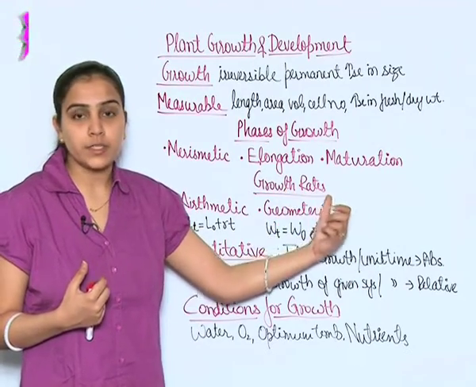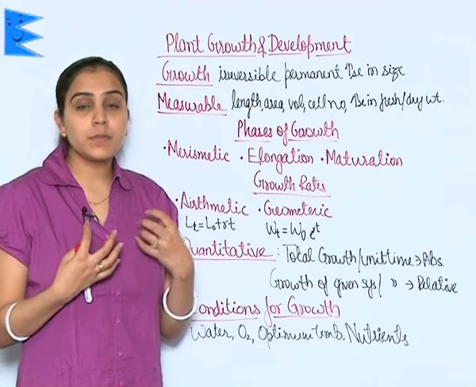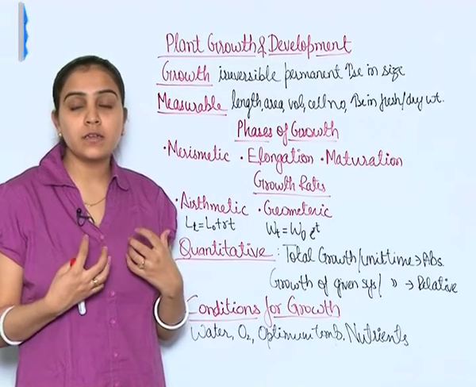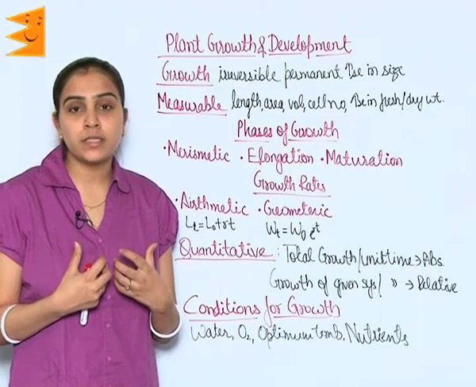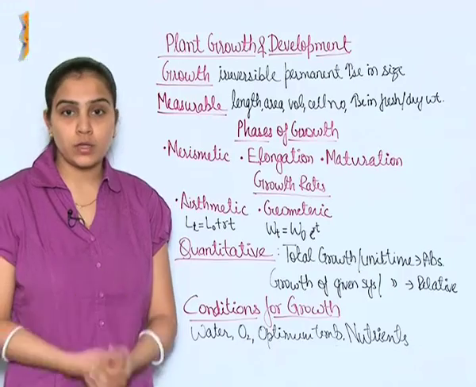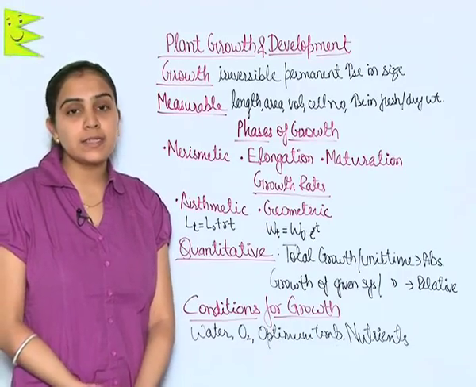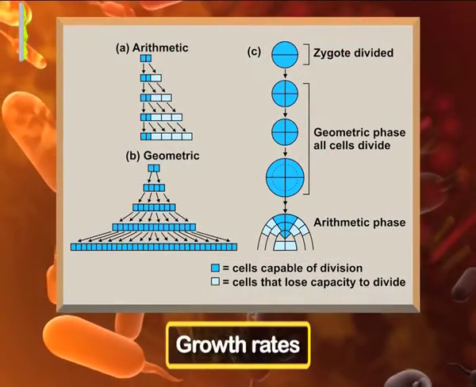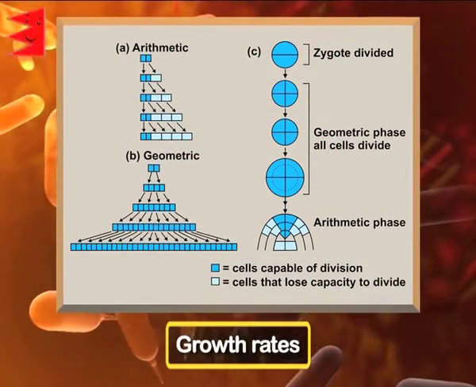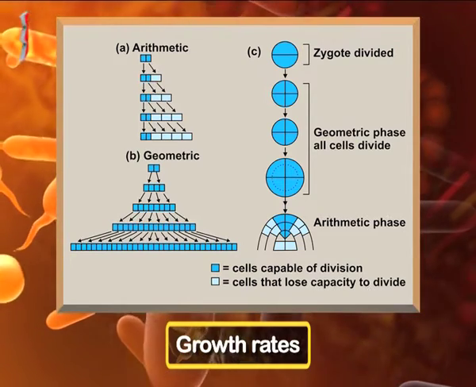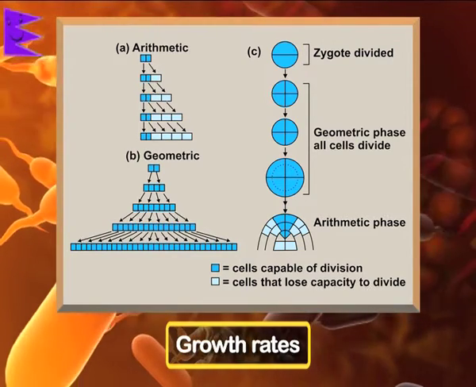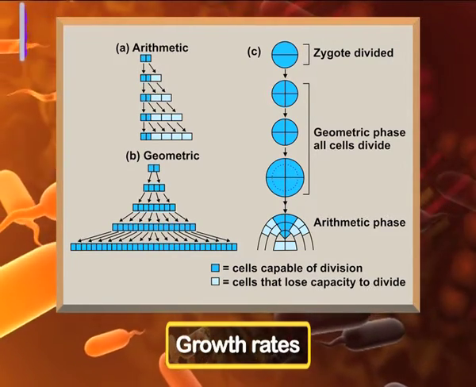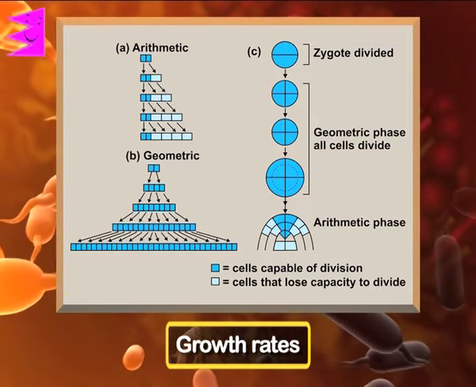Growth rates. The increase in growth per unit time is known as growth rate. You can see in the diagram there are two types of growth rates, arithmetic and geometric. The darker block shows the cells, and there are two blocks, darker and lighter.